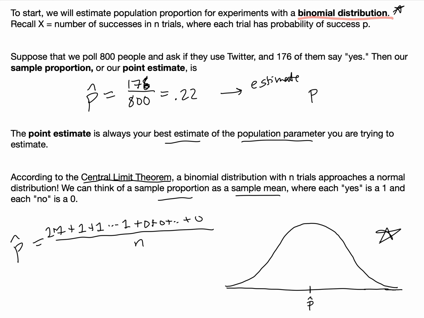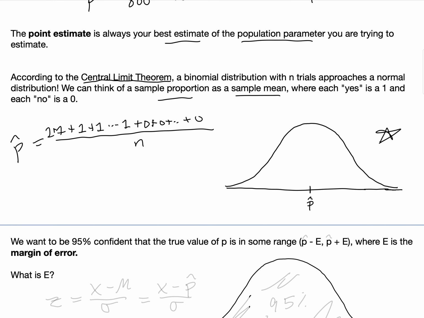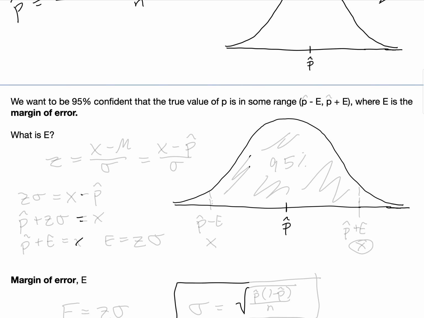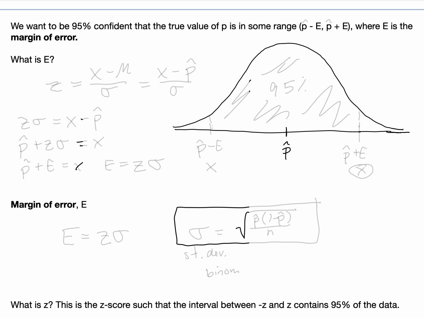What is the mean of our normal distribution in this case? It is p hat, that is our mean, so it will be normally distributed with a mean of our sample mean p hat. Okay, so we want to be 95% confident that the true value of p, the true population proportion, is in some range from p hat minus e to p hat plus e.